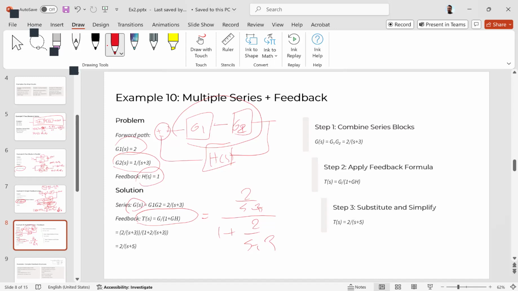But remember that this is the general rule. It doesn't matter what the system is. If you have a series of blocks, the overall is going to be the multiplication of them. If you have parallel, you should add them together. If you have feedback, it's going to be the forward pass over 1 plus or minus, based on the feedback, forward pass times feedback.